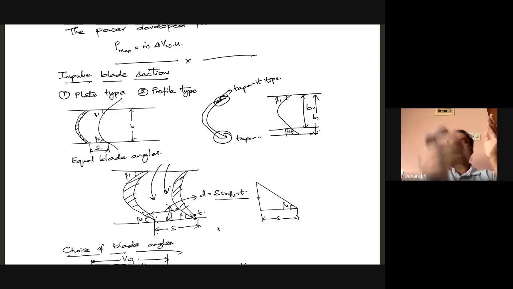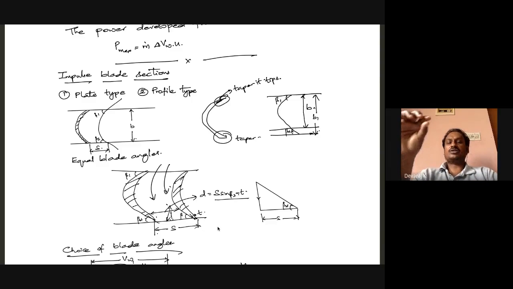So if I look at it, see how the blades are, they are all axial flow machines. These blades are arranged actually with S. S is nothing but the pitch, which is the circular pitch, and B is the width of that particular blade. Fine. In the other type of your plate type, what we have is the edges are tapered.